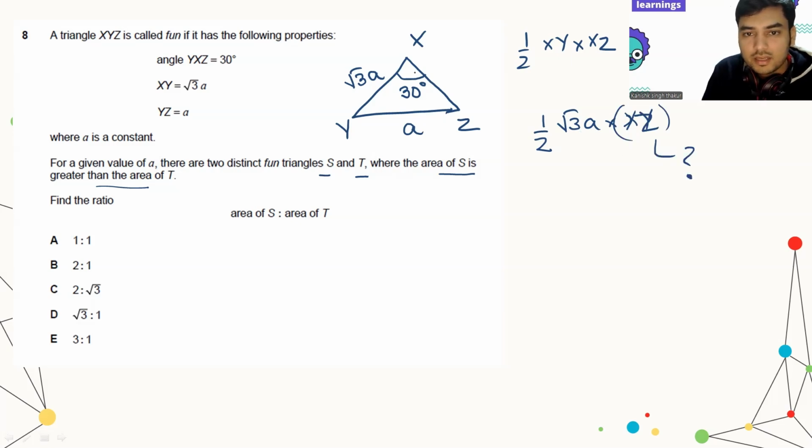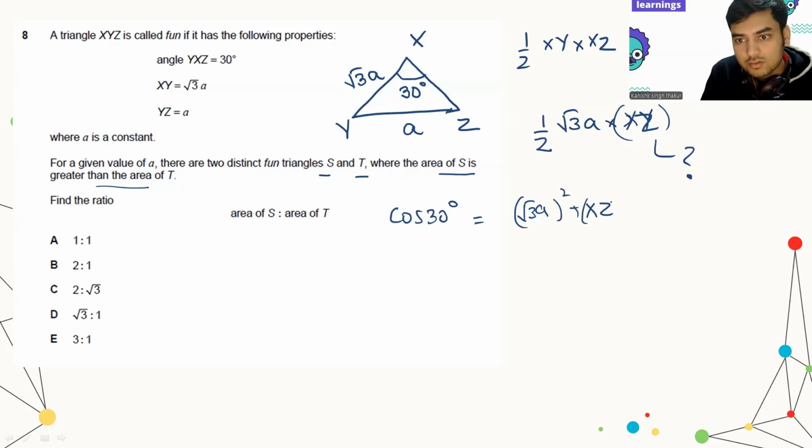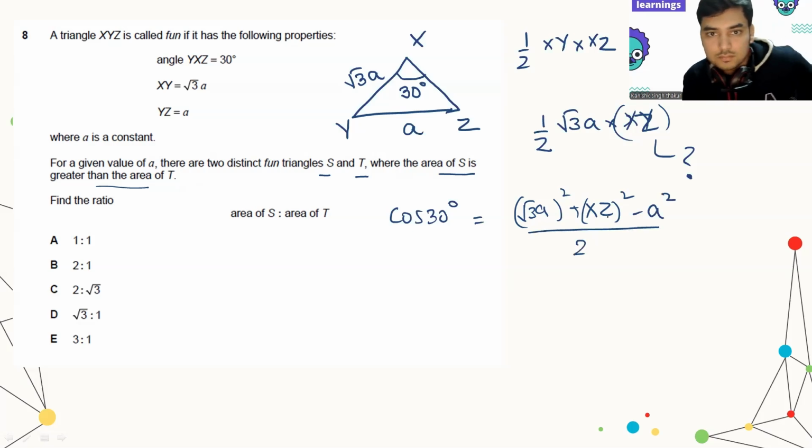XZ I can write with the help of the cosine rule. cos 30 degrees is equal to the adjacent sides, which are root 3a whole square plus XZ square, minus a square, over 2 times root 3a times XZ, isn't it? This I can get with the help of the cosine rule.